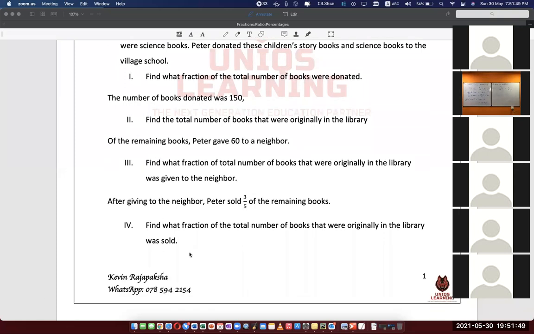Okay, number 4. After giving to the neighbor, Peter sold 3/5 of the remaining books. After giving to the neighbor, he sold this much of books. Find what fraction of the total number of books that were originally in the library was sold. Okay, so what's the answer to that question?